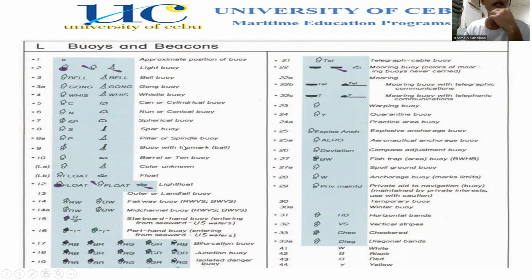There are five shapes of buoys: the pillar, cone, cylindrical, spar, and spherical buoy. These are the symbols of buoys and beacons.